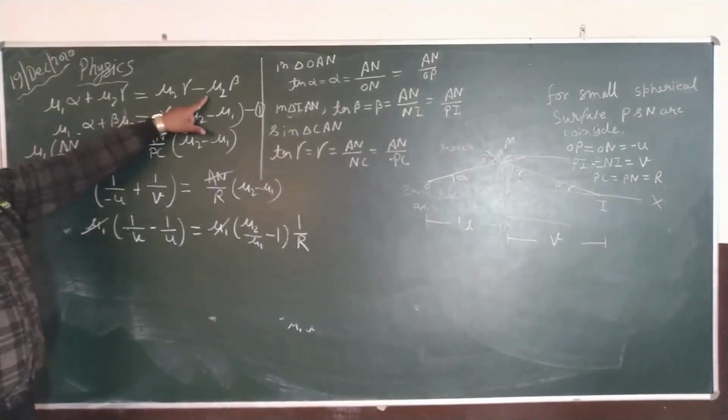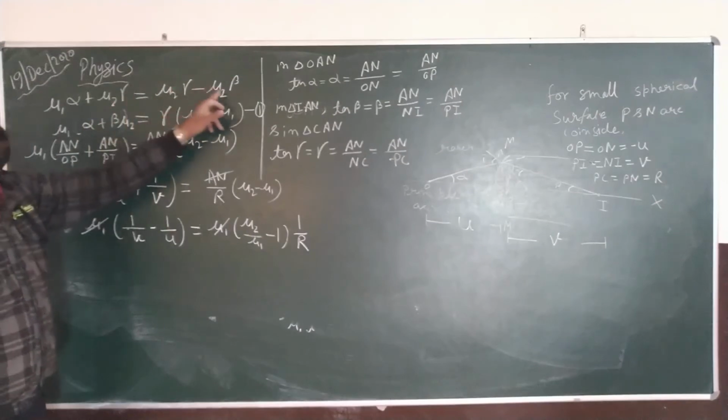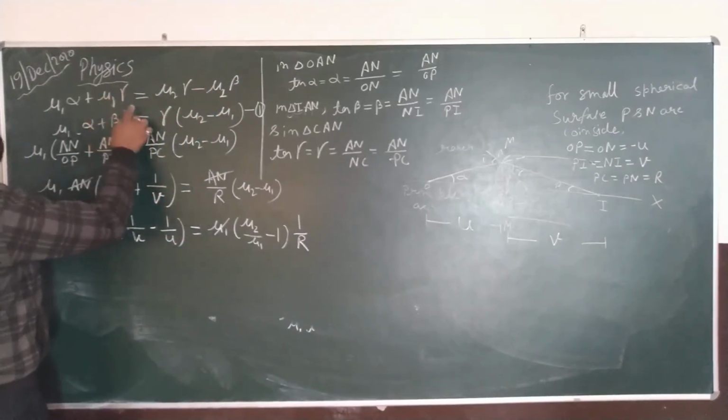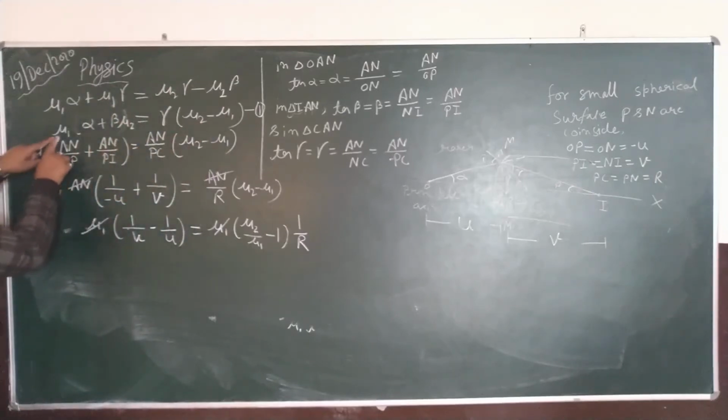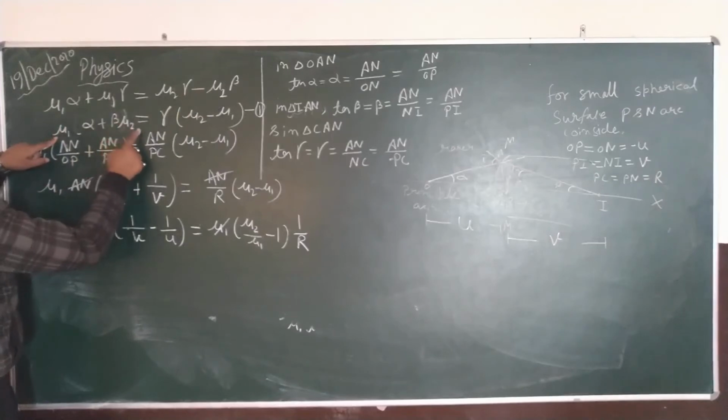When we take beta and mu2 gamma towards the left, so mu1 gamma towards the left, then we get the result is mu1 alpha plus mu2 beta.